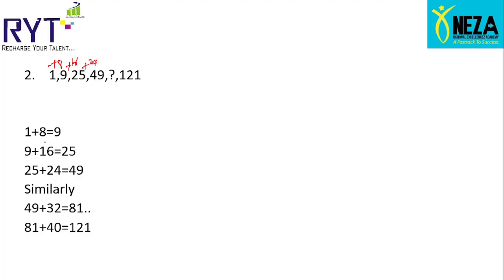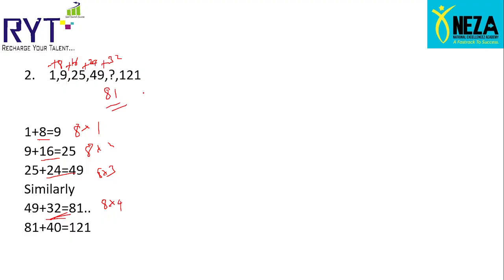When I look at the differences, they are 8, 16, 24. That is 8 ones are 8, 8 twos are 16, 8 threes are 24. So what should be next? It should be 8 fours are 32. So 49 plus 32 is my next number.